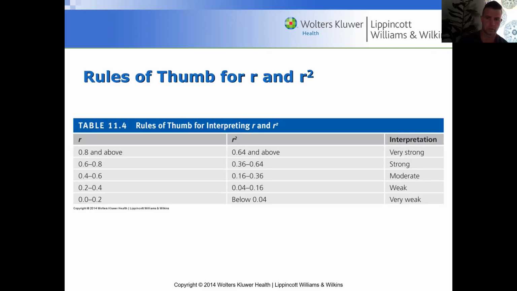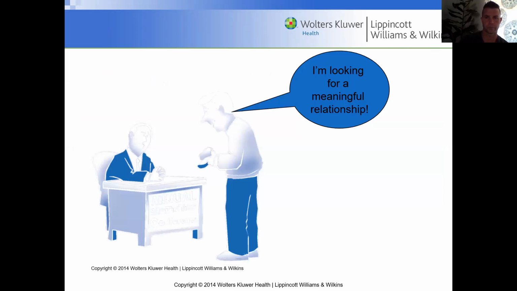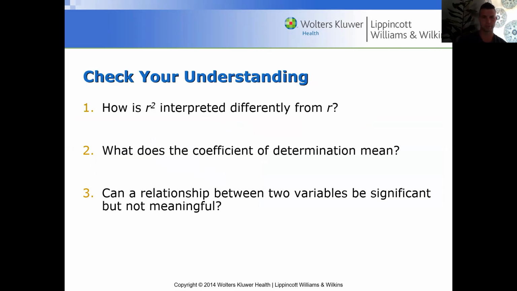As they go lower and lower, you go from moderate to very weak. So when you're doing your statistics, if your R value or R squared value comes in, you can see where it lies. I was looking for a meaningful relationship. I told you, it's all about dating in this chapter.